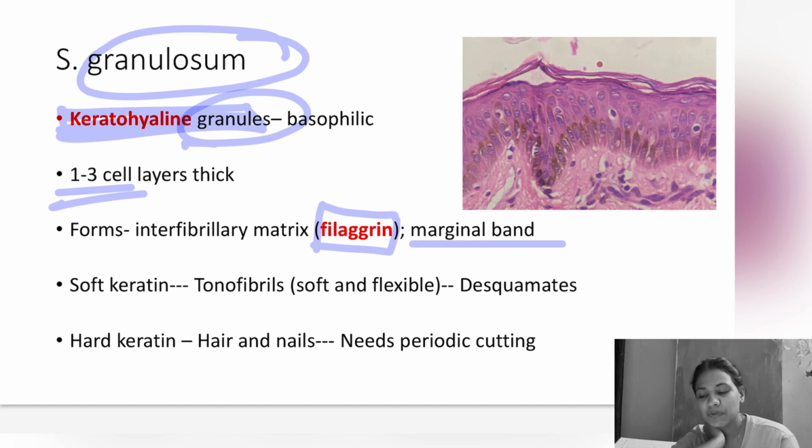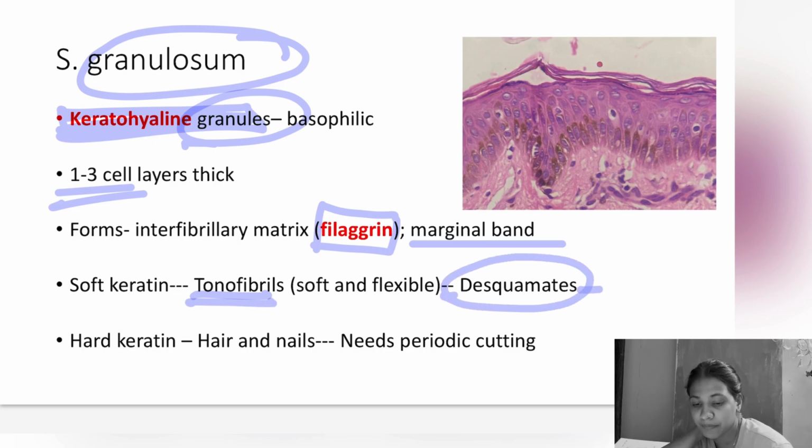So let's differentiate between soft keratin and hard keratin. This is one concept that I want you guys to understand: in soft keratin you will have soft flexible tonofibrils, and because of this an enzyme acts on it and it gets desquamated, which means it gets removed.